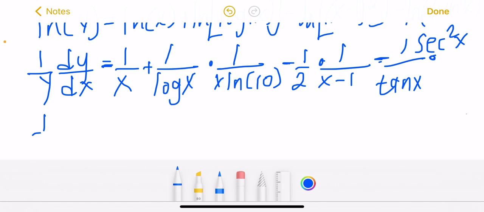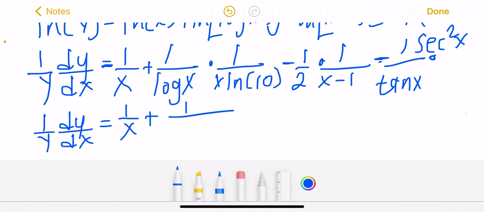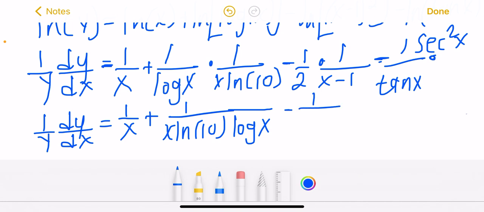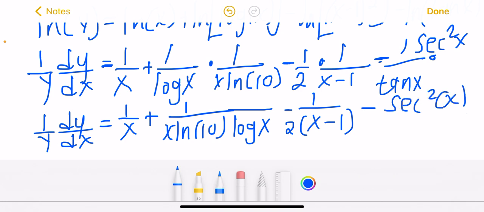So we can say 1 over y dy/dx is equal to 1 over x plus, we simplify this one, we'll have 1 over x ln of 10 log of x. Okay, and then the second one, we'll have 1 over 2 into x minus 1. Last one, minus secant squared x over tan of x.